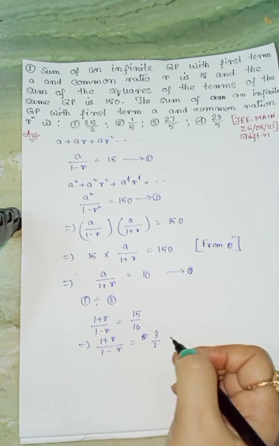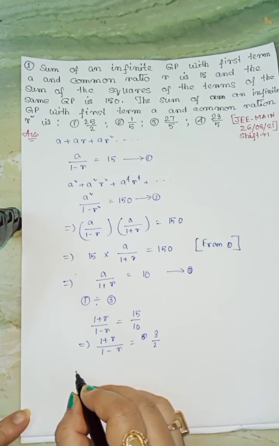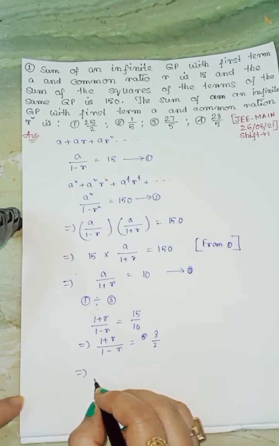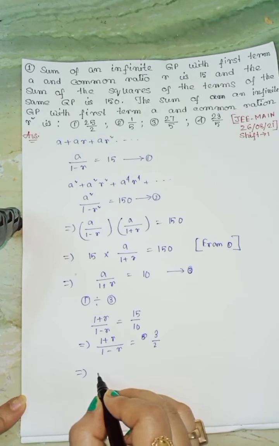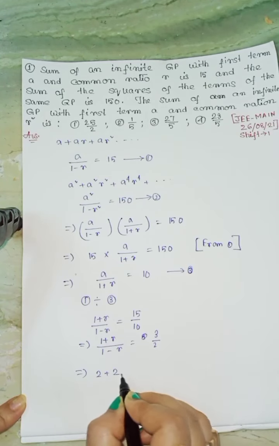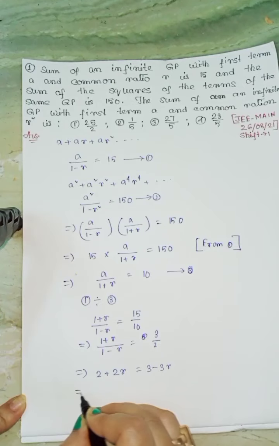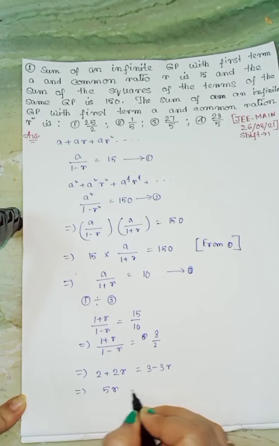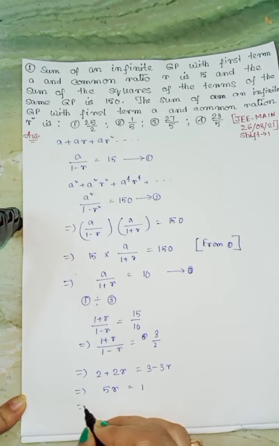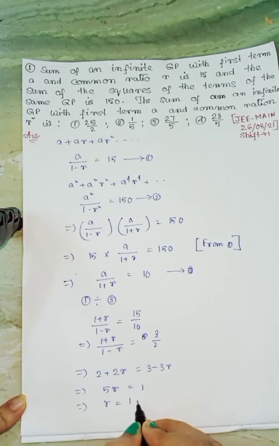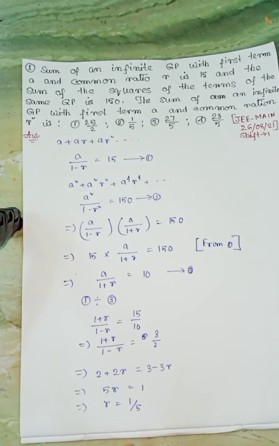That implies 2 plus 2R is equal to 3 minus 3R. Therefore 5R is equal to 1, and R is equal to 1 by 5. So here we get the value of R.